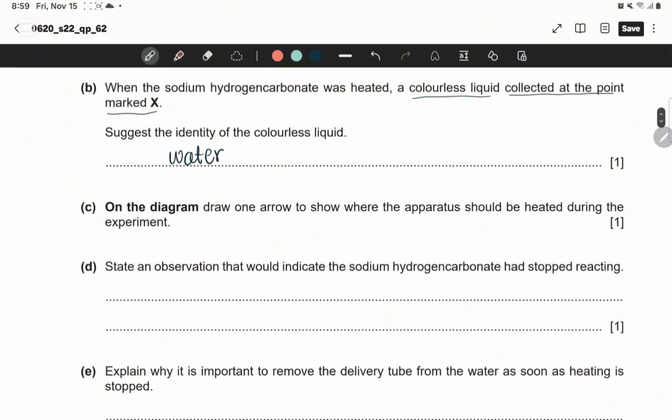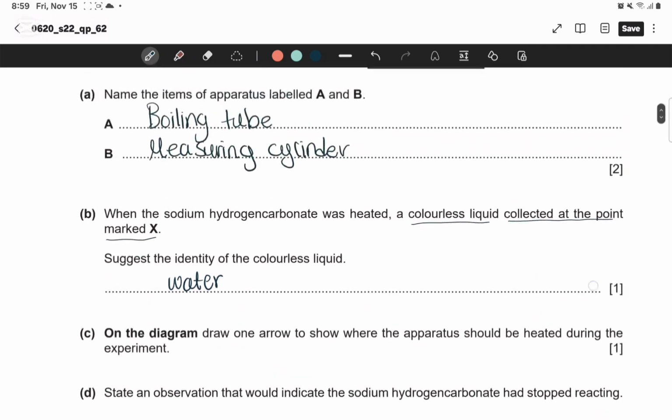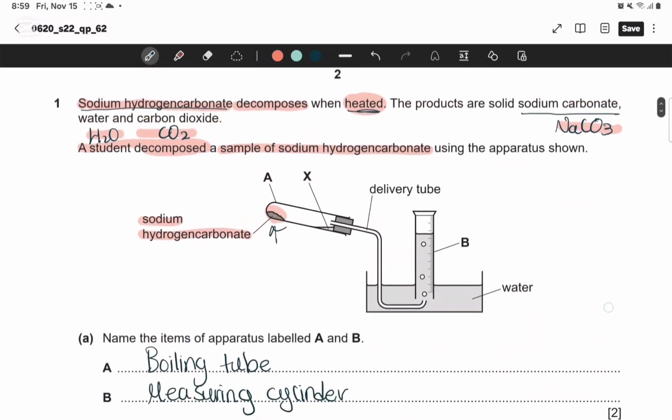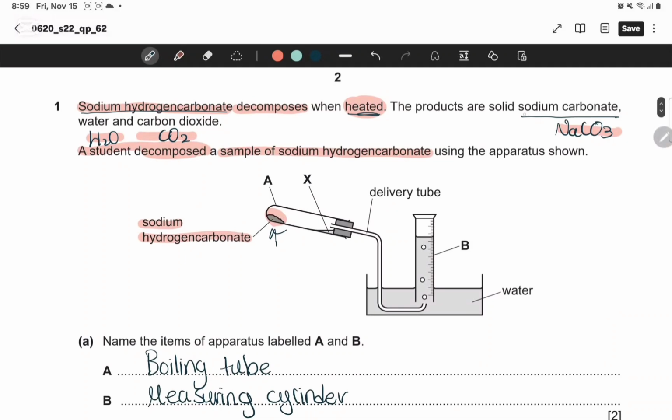State an observation that would indicate the sodium hydrogen carbonate had stopped reacting. So again, the products are solid sodium carbonate, water, and carbon dioxide. And these bubbles are CO2, because the water is here and sodium carbonate will just stay down because it's solid.